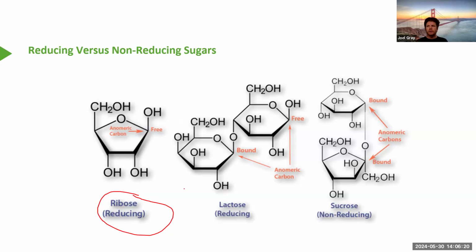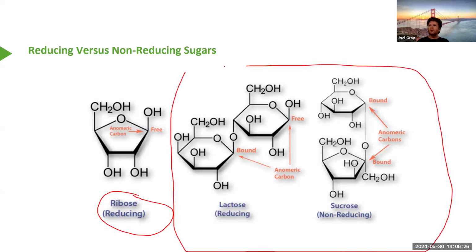Now, when we think about a disaccharide, we've got a total of 2 disaccharides that are indicated here. We've got sucrose and lactose. Lactose is an example of a reducing sugar because lactose has a free anomeric carbon. Sucrose, on the other hand, is a non-reducing sugar because it does not have a free anomeric carbon.